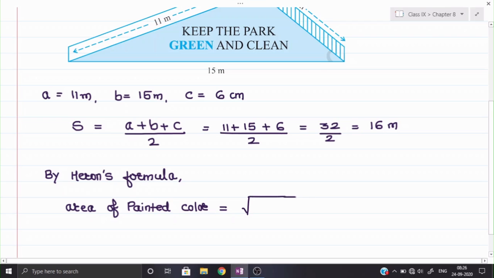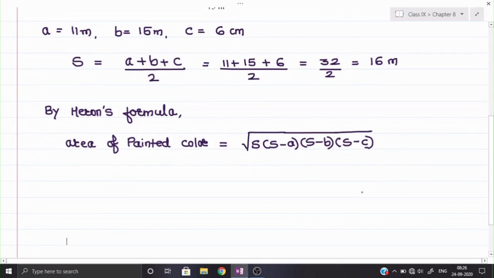to calculate the area, that is S into the bracket S minus A, again into the bracket S minus B, and then again into the bracket S minus C. Okay, so this is our formula. Now let us put the value, because all the values we have already.